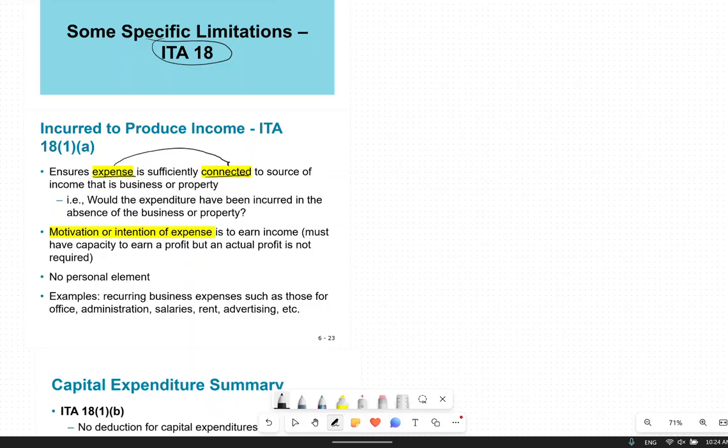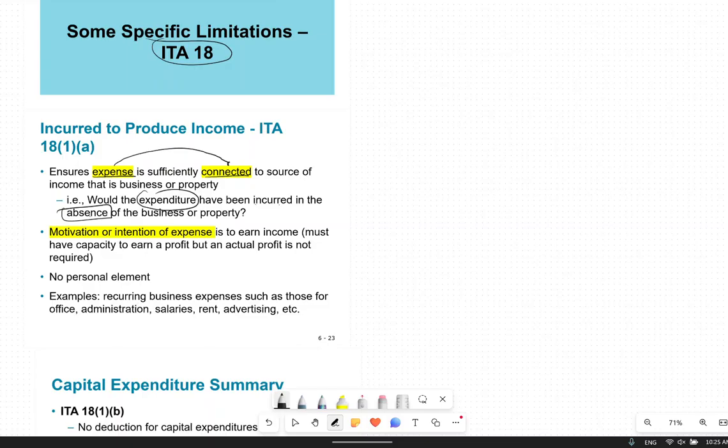Would this expenditure have been incurred in the absence of a business or property? You needed to know if this is an expense that is allowed or not allowed. So you have to ask yourself a question. This is an expense, an expenditure. Would this have been incurred in the absence of a business? If you think about it, if you didn't have a business, would you have this expenditure?